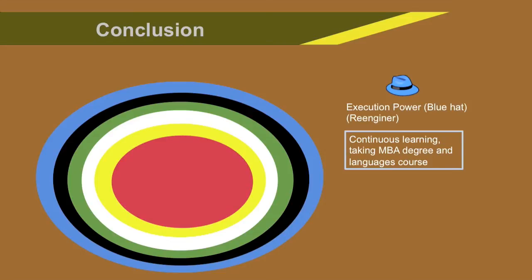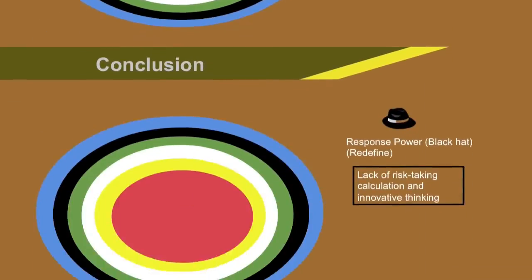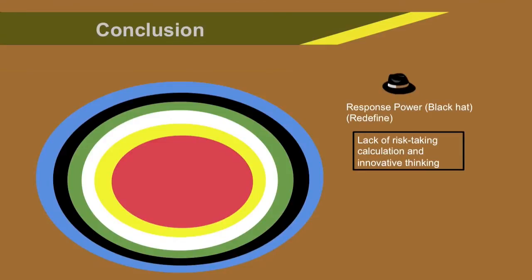The first one is blue hat, meaning re-engineer, which indicates the execution power. In my case, I am re-engineering myself by having continuous learning, taking a BA degree and language courses. The second one is black hat, which indicates a response power. In my case, I am redefining my lack of risk-taking calculation and innovative thinking.